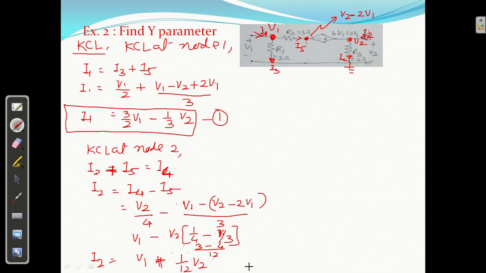Okay. So I am getting this equation number 2. So I got these two equations, okay.